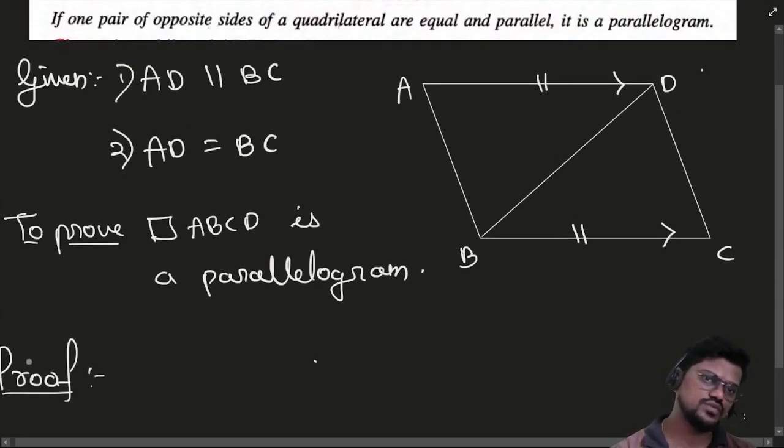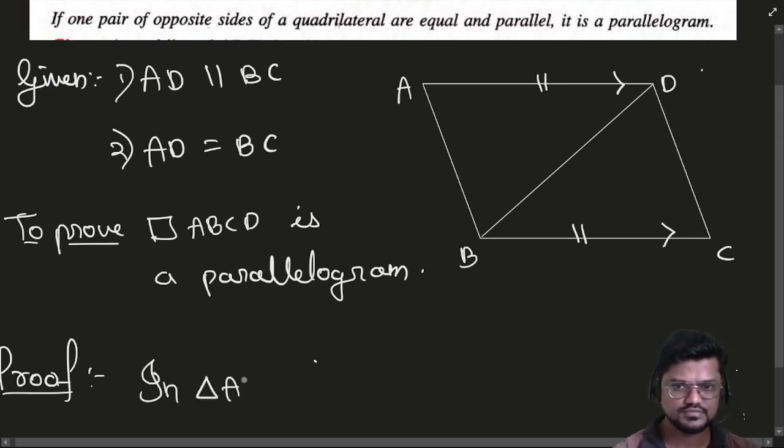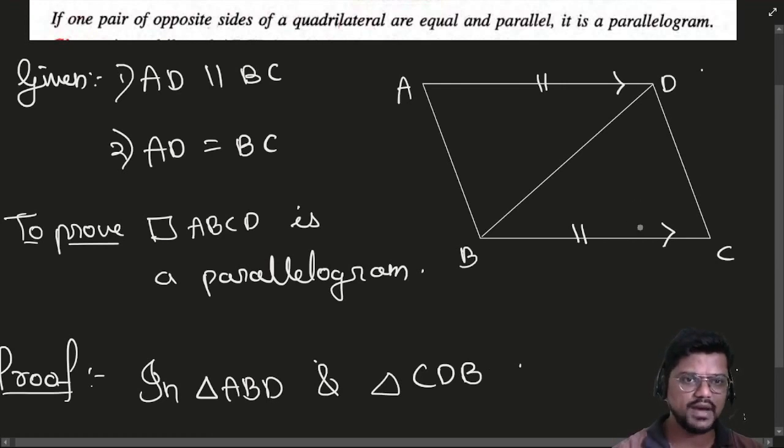Now in the proof, what we will say, in triangle ABD and triangle CDB. See, these two lines are parallel, no? So this angle will be equal to this angle. Alternate angles. Yes or no?